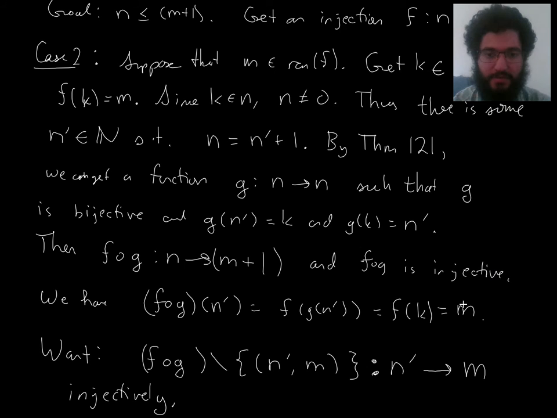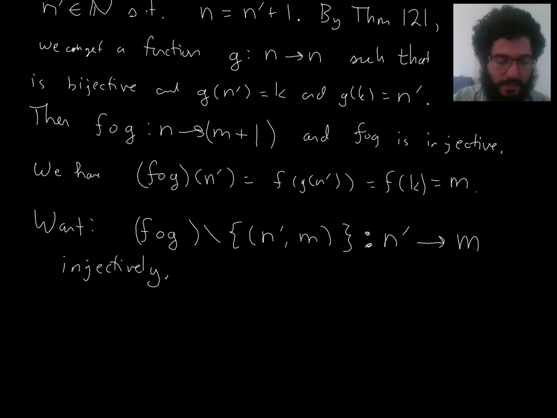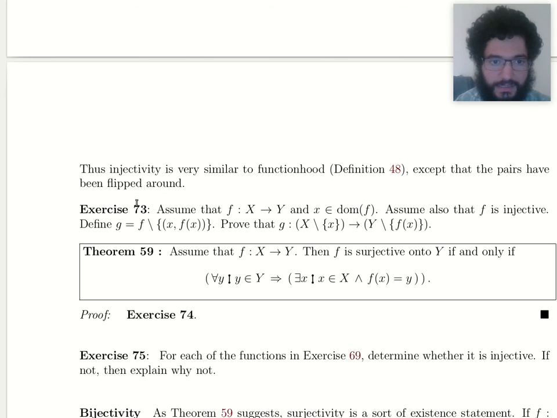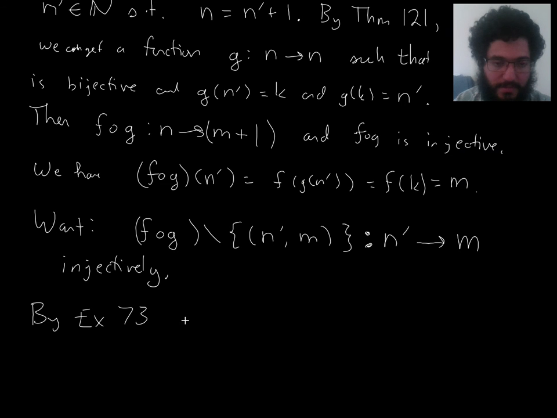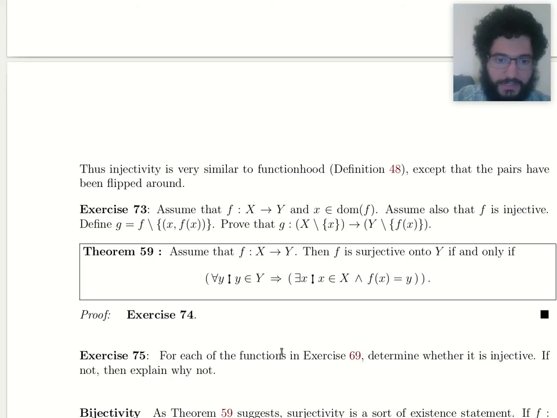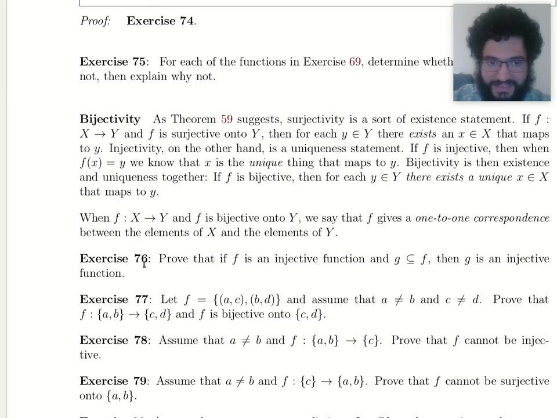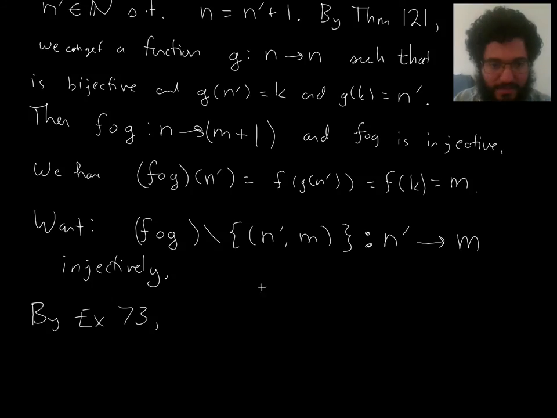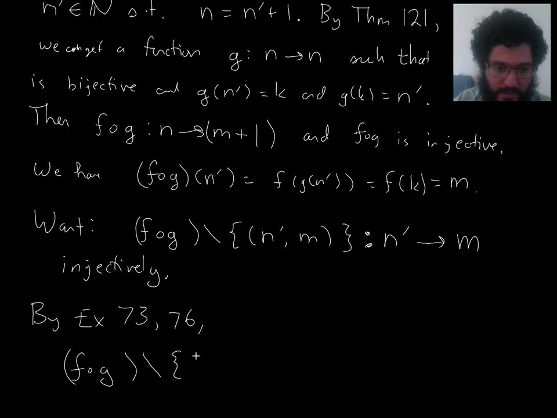All right, so pushing all the work to this exercise that we haven't done in the lecture in any way, what do we have over here? So by exercise 73, and also that other one I was using, 76, I have that if I take this and I delete n prime and then this applied to n prime, right?